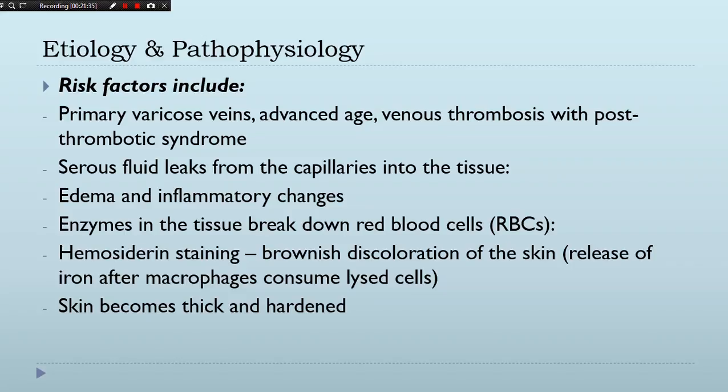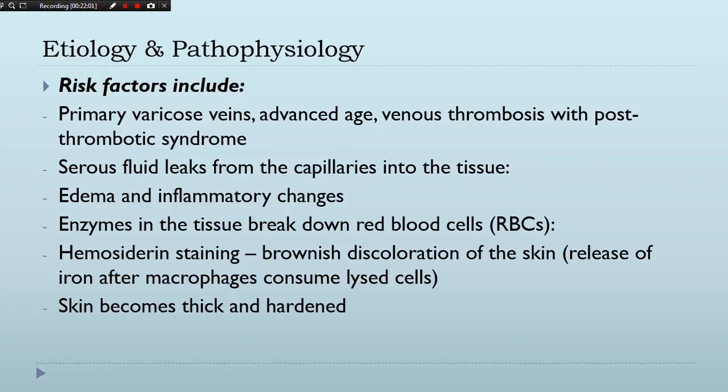And so as fluid and serous leaks out into the interstitial tissue, the enzymes in our tissues are going to start to break down some of these red blood cells that have leaked out. Over time, our white blood cells, our macrophages, are going to consume the red blood cells that have been lysed or broken down from these tissue enzymes.